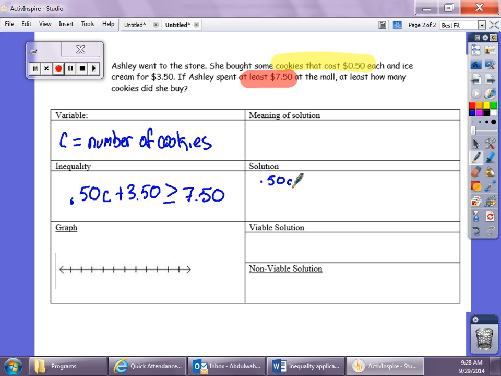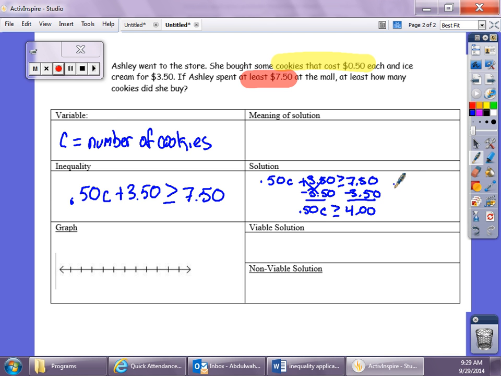So we said 0.50C plus 3.50 is greater than or equal to 7.50, because at least means more than that. So we do minus 3.50, cross this off. So we get 0.50C is greater or equal to 4.00.